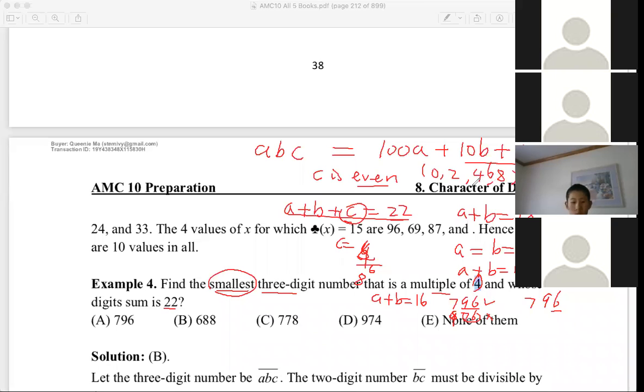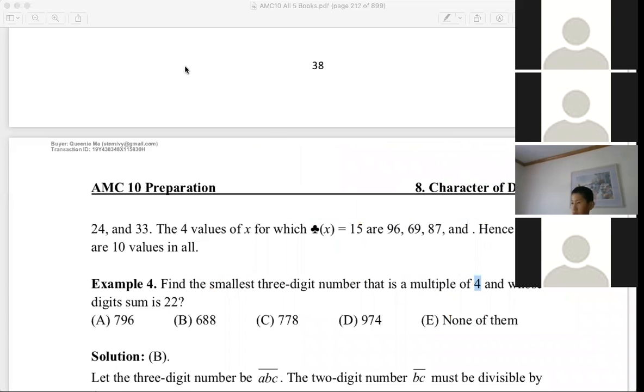So C only has 2 choices, 6 and 8. C equals 4 is too small. When C equals 8, we get the number 688. When C equals 6, we get the number 796. These two numbers satisfy our requirement, but they ask you for the smallest, 688, that's smaller. So that's the correct answer.